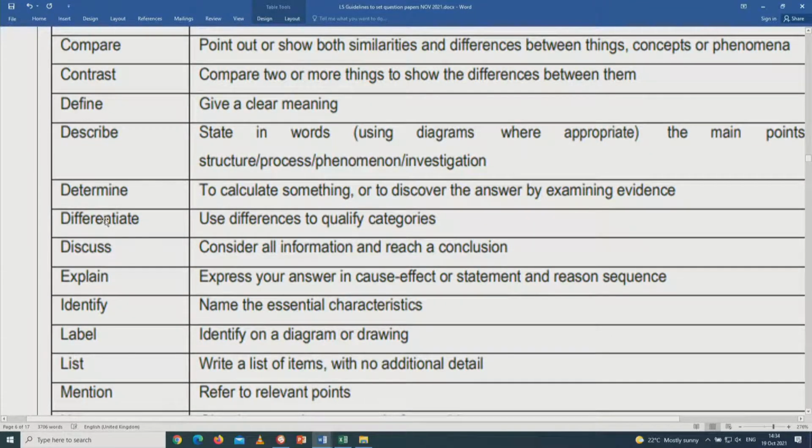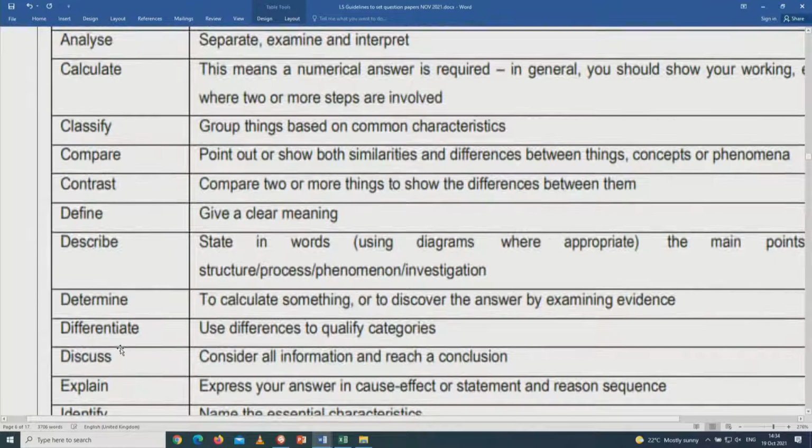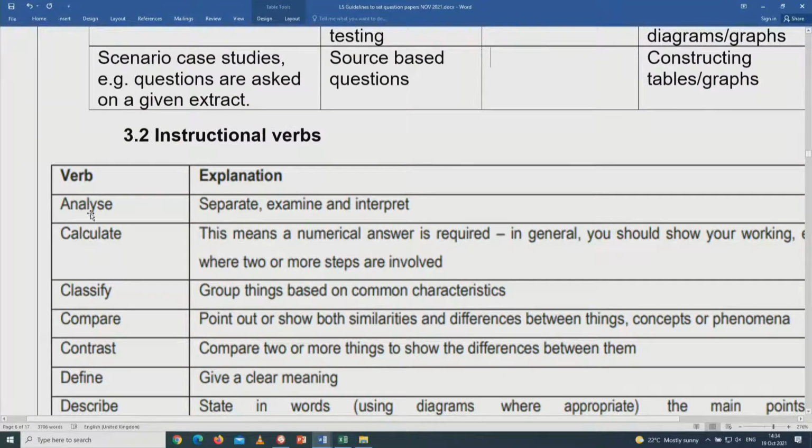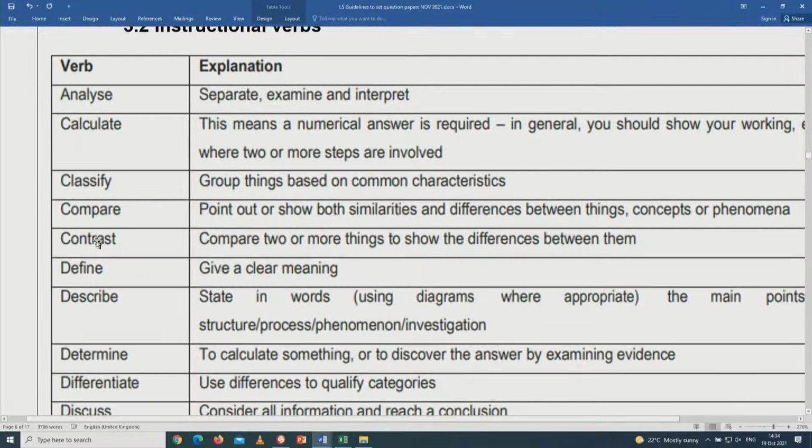Not so familiar with differentiate. They are familiar with discuss and explain and identify and label, as well as list and mention. Name, state, suggest, tabulate. Yes, they know these things, but be careful with things like analyze, classify, contrast. And you can look at the explanation for these verbs.